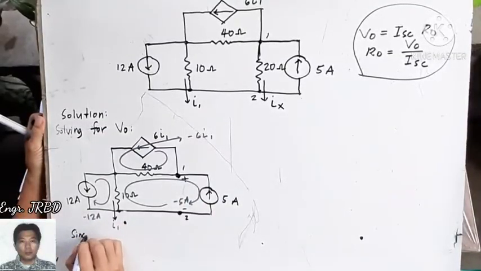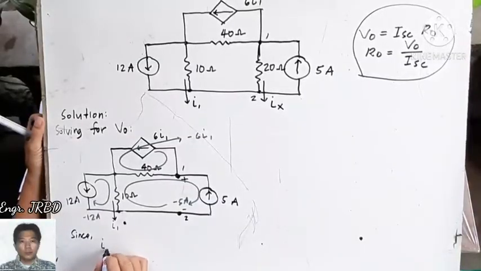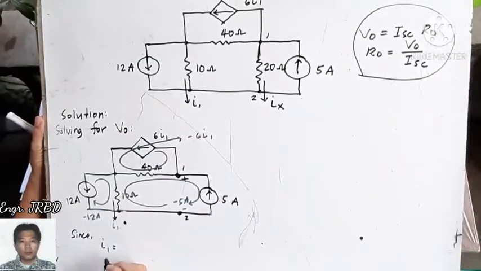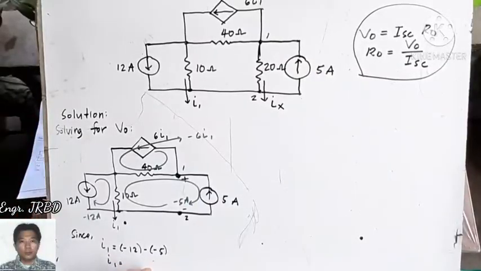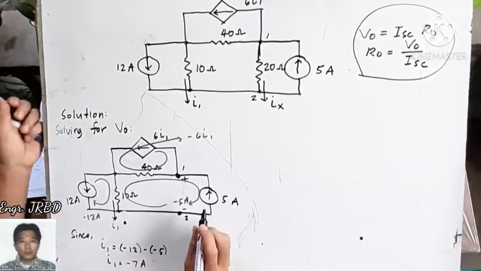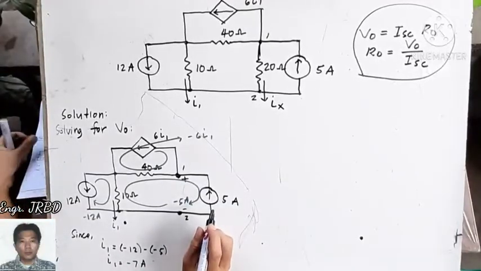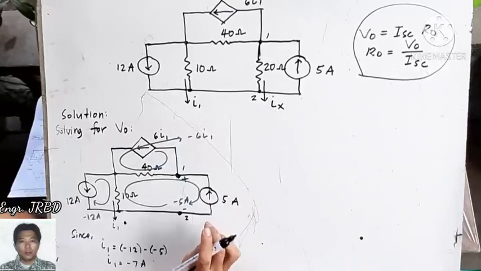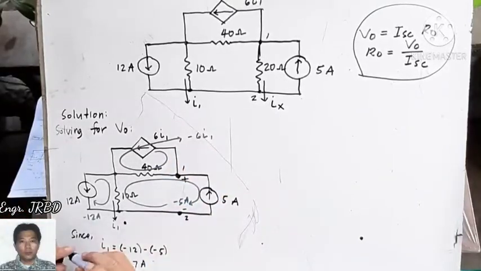Remember that I1 is the difference between two circulating currents, namely negative 12 and negative 5. So I1 is negative 7 amperes. So we already have the value of I1, and if we have the value of I1, you can also determine the value of negative 6I1.